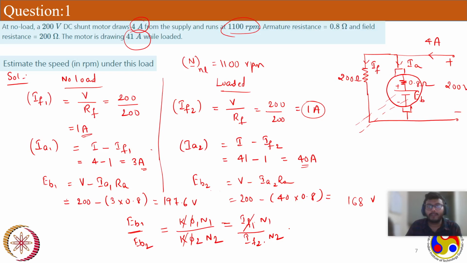So at no load condition, you calculate input to the armature and subtract armature copper losses, then you will get the rotational losses.